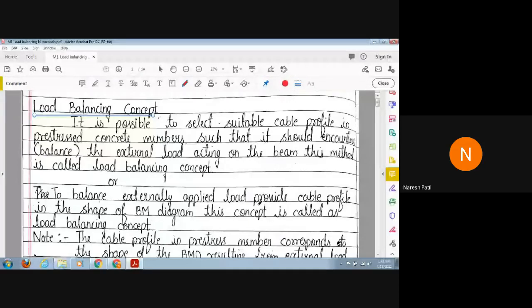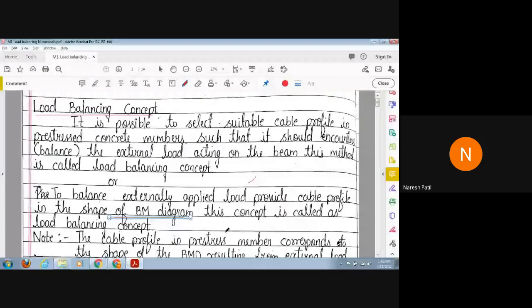See, this is very important: in the shape of the bending moment diagram. Provide the shape of the cable in the shape of the bending moment diagram. This concept is called the load balancing concept. It is very simple. I repeat once again: provide the cable profile in the shape of the bending moment diagram.